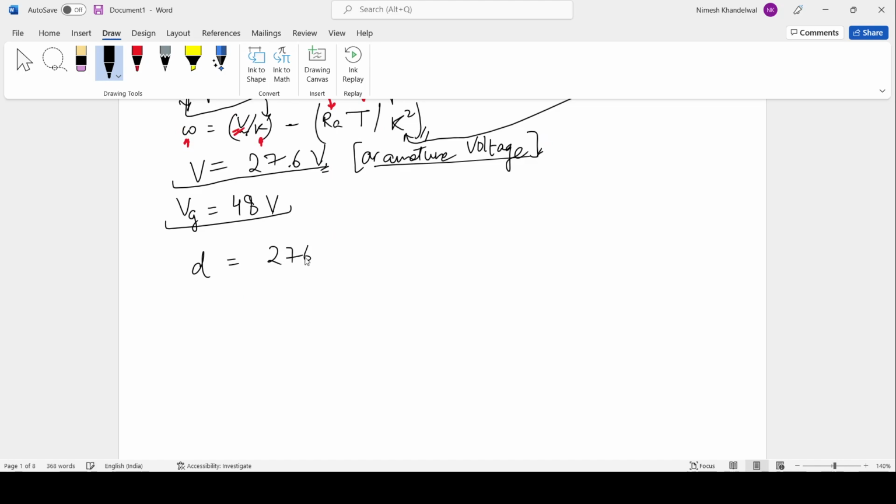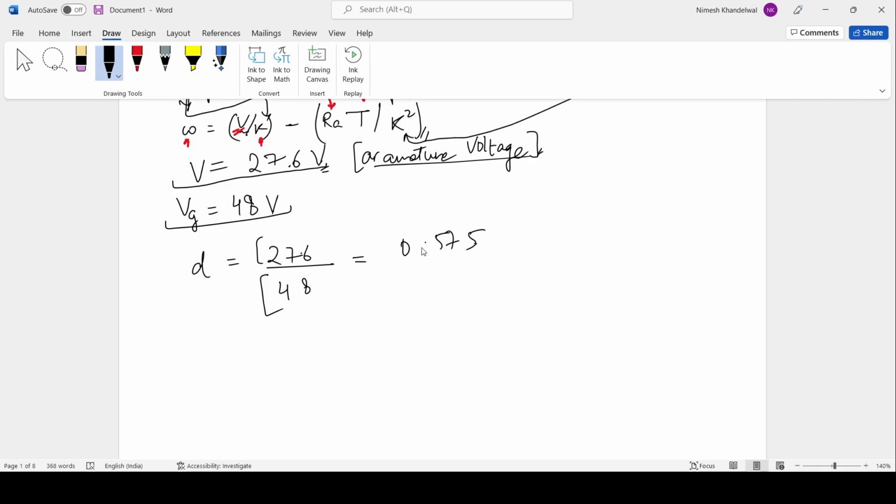We know that the duty cycle is the voltage we want divided by the maximum voltage. So it comes out to be 0.575.